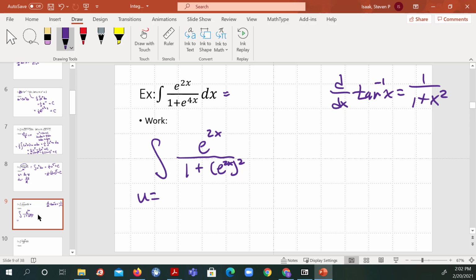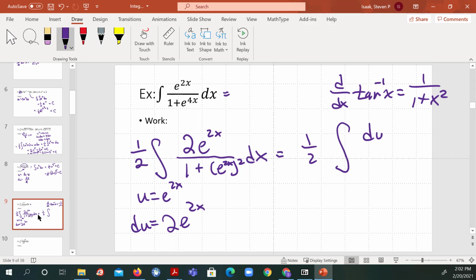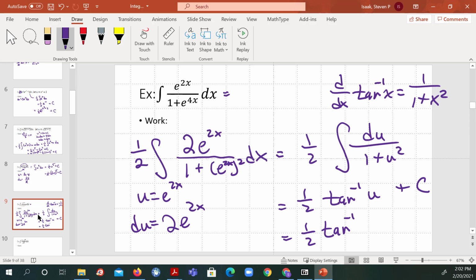So if u is e to the 2x, du is 2e to the 2x dx. So I'm going to double and multiply by a half. Don't forget your dx like Mr. Isaac. So this is 1/2 du over 1 plus u squared. So 1/2 the arctangent of u plus constant. However, u was e to the 2x.